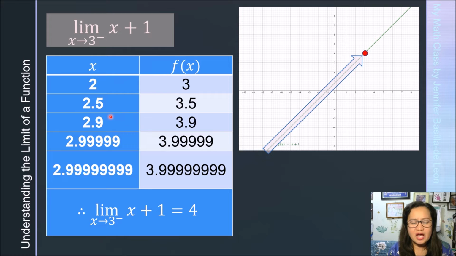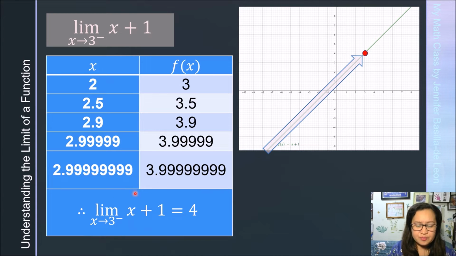Now let's say we have chosen a value that is very much closer to 3. Like if we have 2 point followed by 8 nines, we will have f of x equal to 3 followed by 8 nines also after the decimal point.